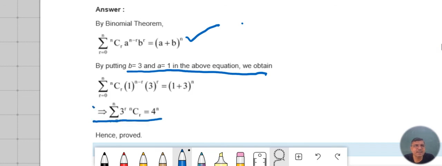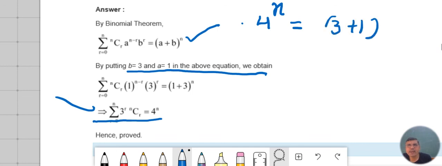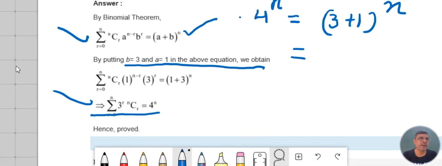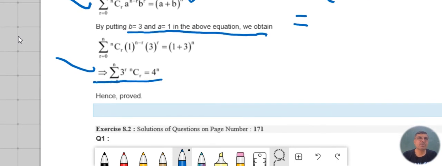Simply put b equal to 3, a equal to 1, or you may use this part also, 4 raised to n, as I explained in the above question also, 3 plus 1 raised to n, and expand, definitely you will get this term. Alright, so how simple it is? Here, this is the end of exercise number 7.1.